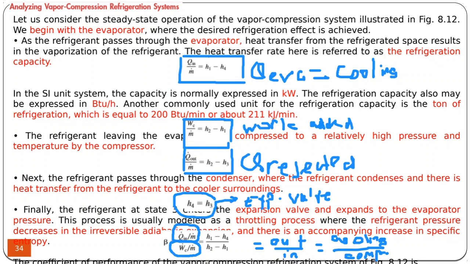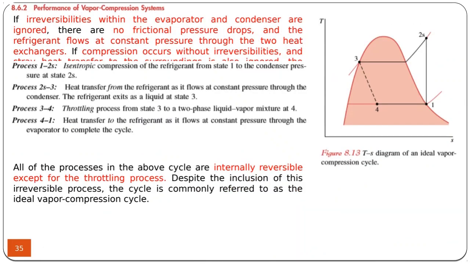This is the TS diagram of an actual refrigeration system, vapor refrigeration system. As you can see, this is the evaporator at which heat is absorbed, meaning that it's QC, cooling energy.